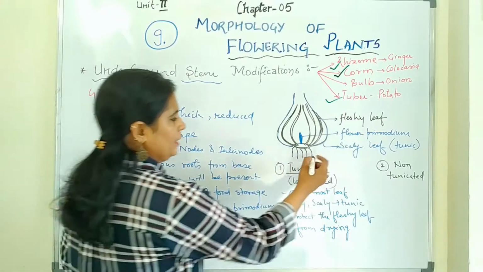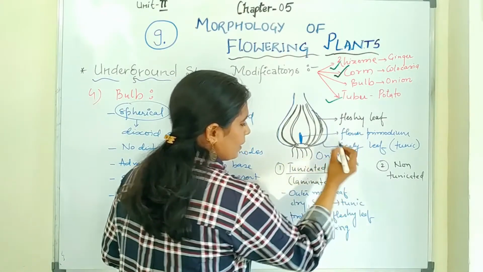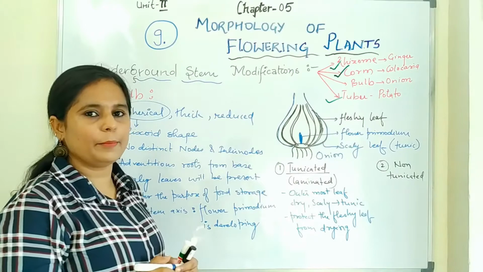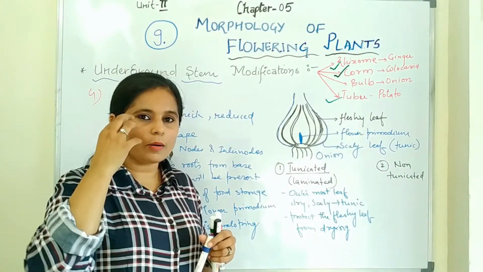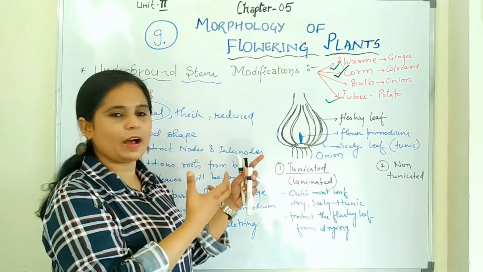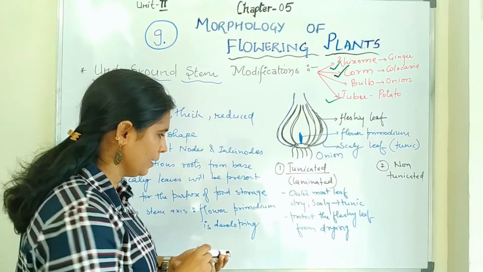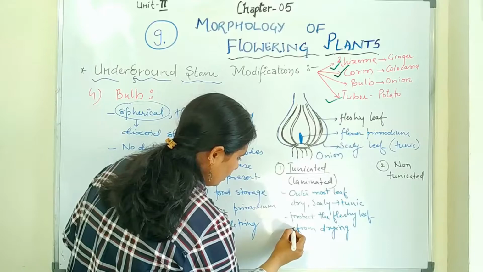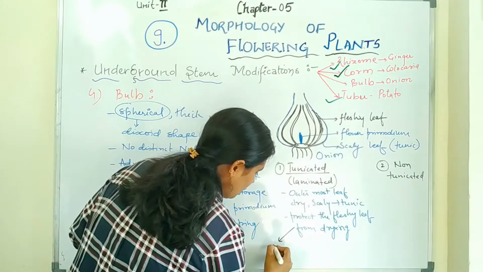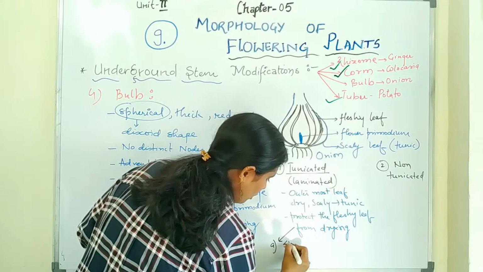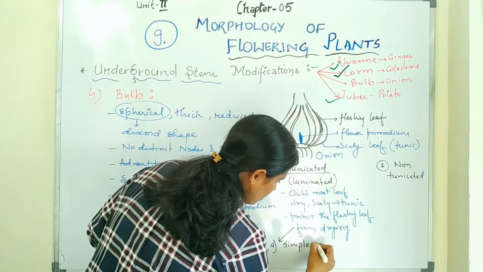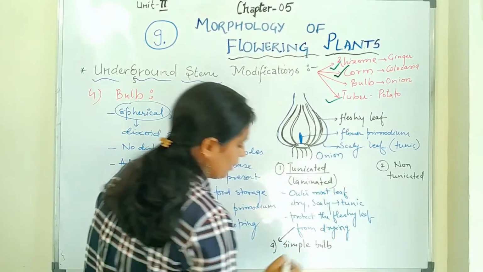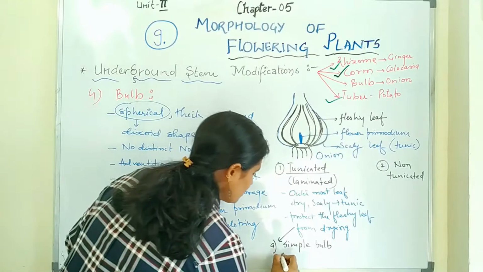Example is onion and garlic. Now just remember how the tunic is present in case of onion and in case of garlic. On that basis, you will see that tunicated bulb is of two types. One is called simple tunicated bulb. Example is onion.